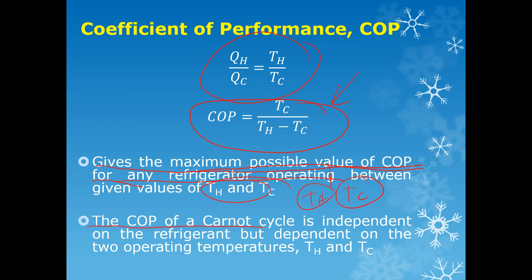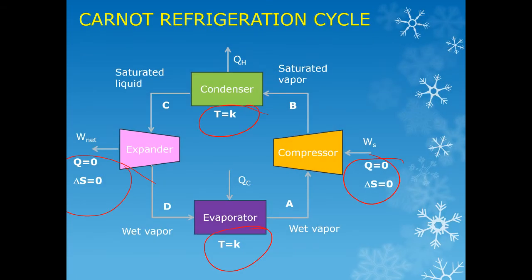And the COP of a Carnot cycle is independent of the working fluid, and we call it a refrigerant kapag sa Carnot refrigeration cycle. But it depends on the TH and TC, on the two operating temperatures. That's why you won't see any information about the working fluid dun sa formula, but only the temperatures of the hot and cold reservoirs.